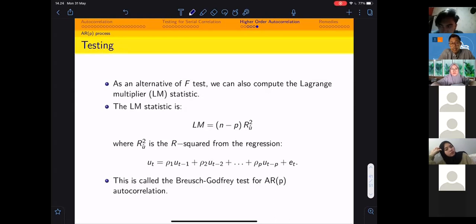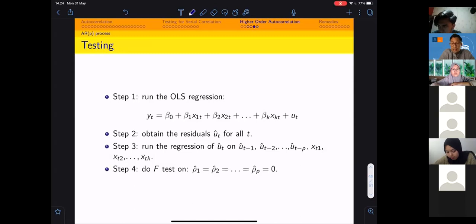In this particular test, it's called the Breusch-Godfrey test. The difference between the Breusch-Godfrey test and Durbin's alternative test is that the Breusch-Godfrey test does not include explanatory variables. However, in the previous test, you can see that we also included the explanatory variable, so in that case we used Durbin's alternative.